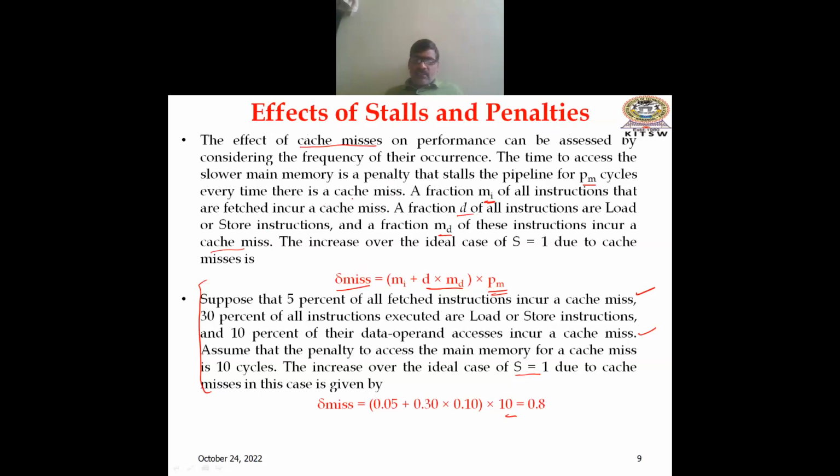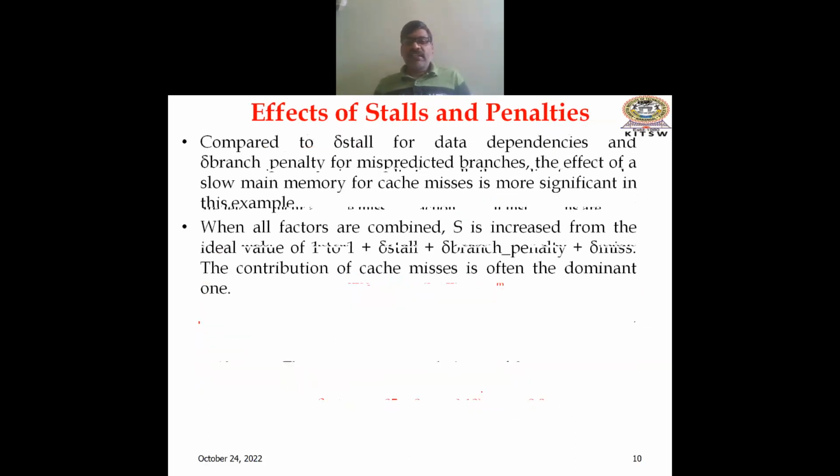This is equal to 0.8. This is the delta miss.